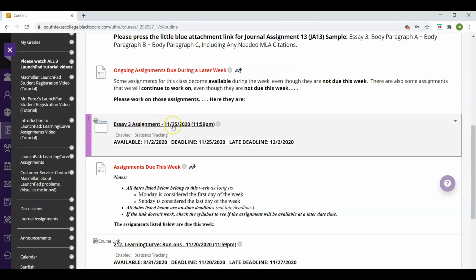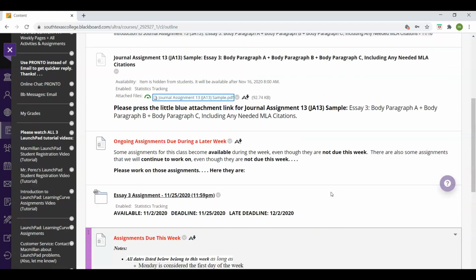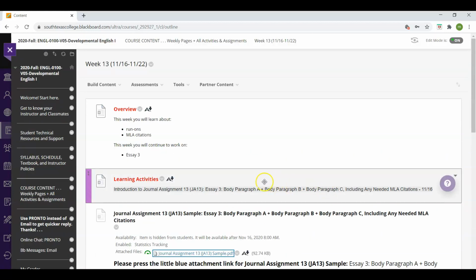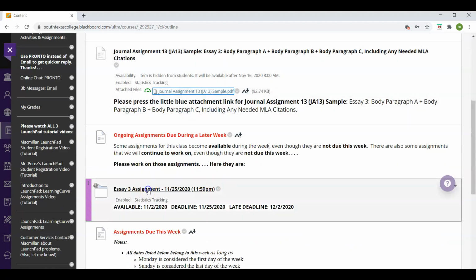Here you can see the essay 3 assignment, and I'm going to be clicking on this very soon. And you can see toward the bottom the link to the journal assignment 13, and the dates that I've already mentioned. Okay. All right, so let me click on essay 3.